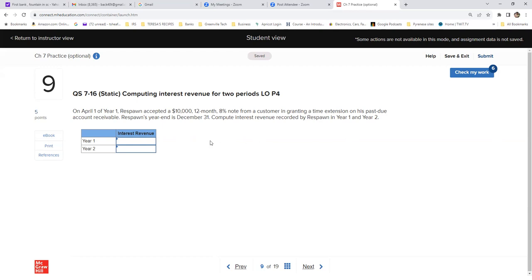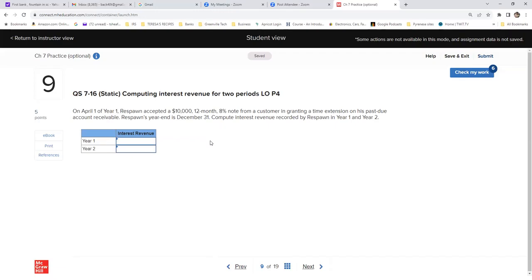So, 12-month note, we're looking at 9 months. Now remember, we're using the 360 rule, or the banker's rule, for calculation of time. I'm going to kind of shortcut this one. Well, no, I don't have to. So you're talking 10,000 times 8%.